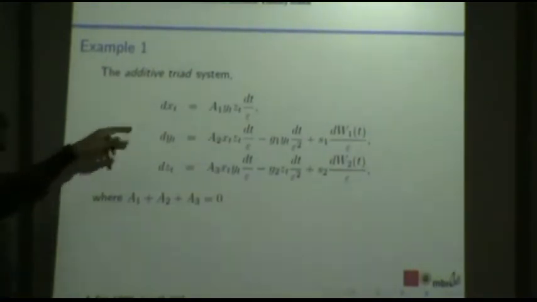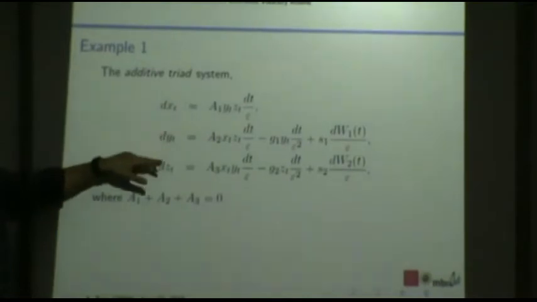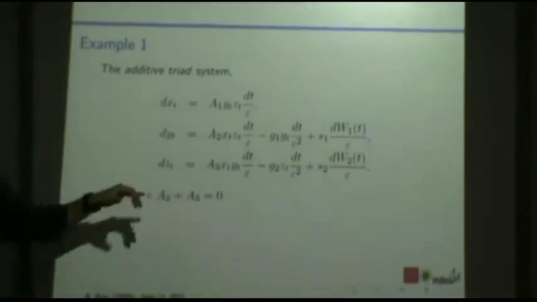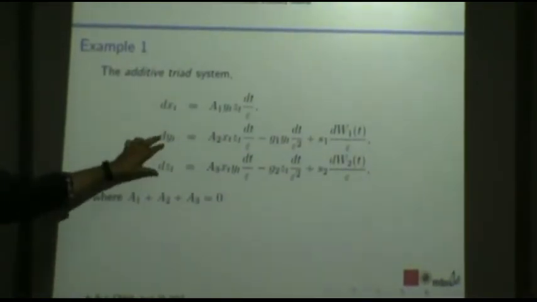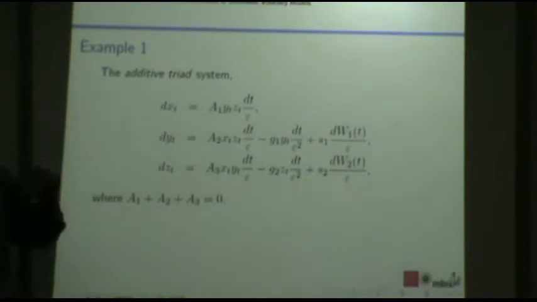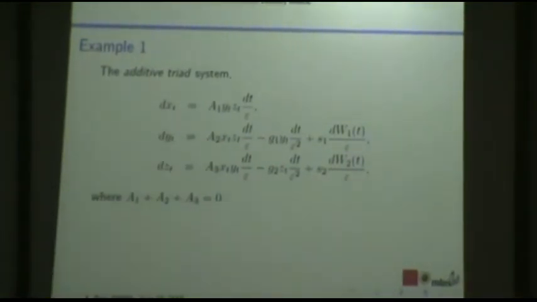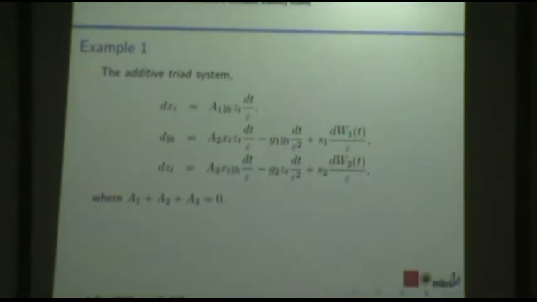This is a 3-dimensional system of stochastic differential equations. These two variables are the fast variables. They evolve on a much faster time scale, whereas the process X evolves on a much slower time scale.